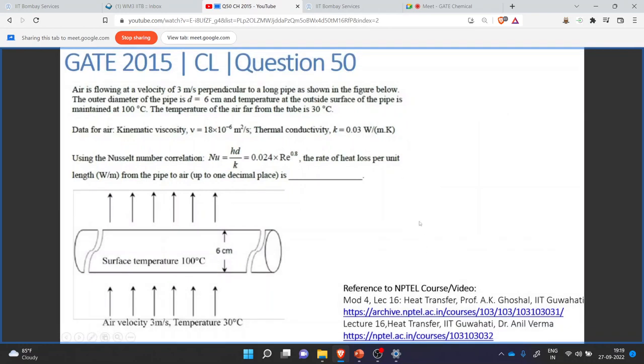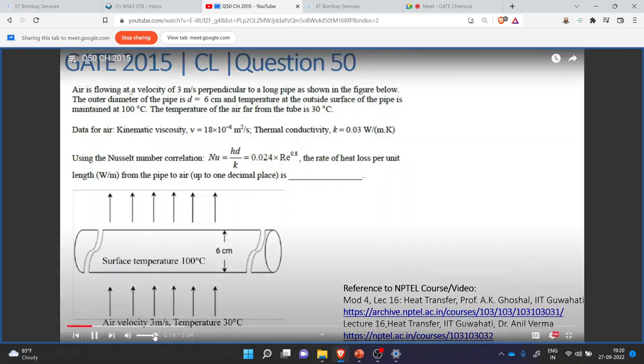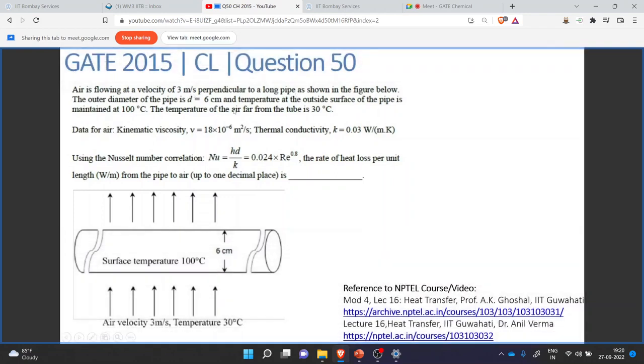Hello everyone, we are looking at question 50 of GATE 2015 chemical engineering paper on the subject of heat transfer. The question is, air is flowing at a velocity of 3 meters per second perpendicular to a long pipe, as shown in the figure below. The outer diameter of the pipe is 6 cm and the temperature of the outside surface of the pipe is maintained at 100 degrees Celsius.